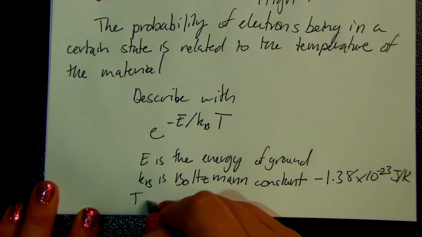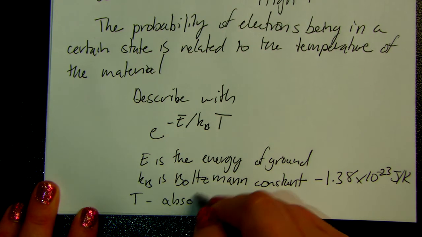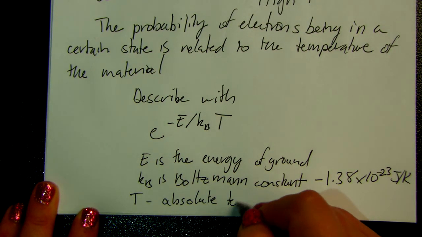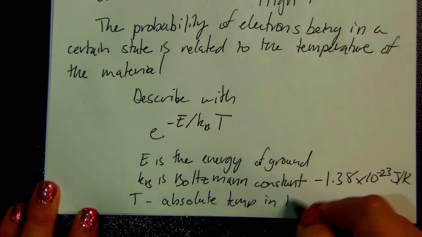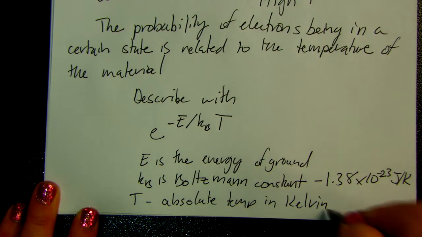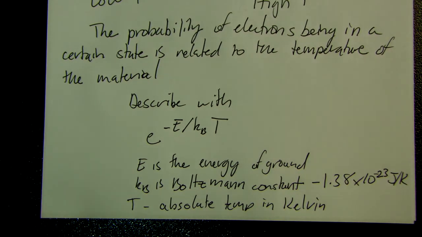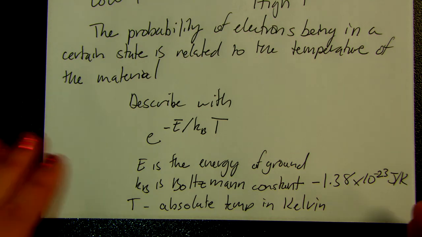And T is the absolute temperature in Kelvin. So if you have it in degrees Celsius, you must convert it into Kelvin. Kelvin is really outside of the mc delta T formula. It should really be the only temperature scale that you're ever really using in physics.